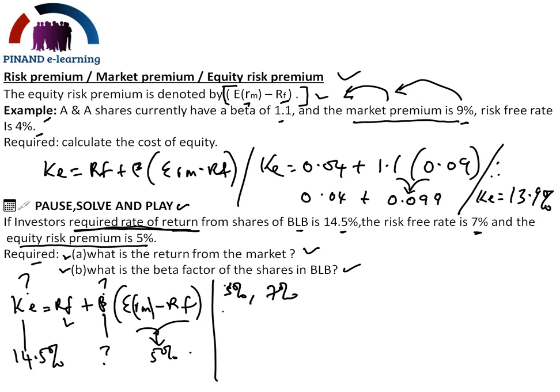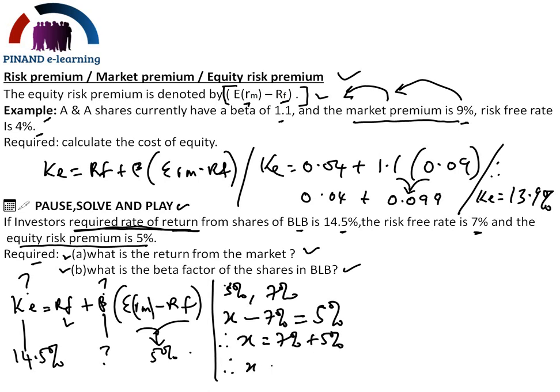And I know that the return from the market, let me denote this as X, minus the risk-free rate will give me the premium. Therefore, the return from the market, which is X, should be 7% plus 5%.